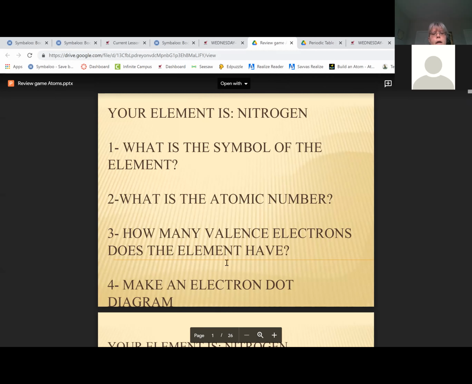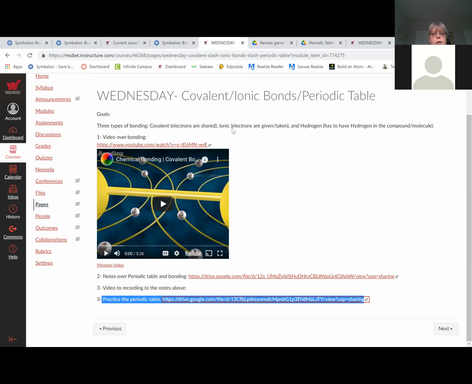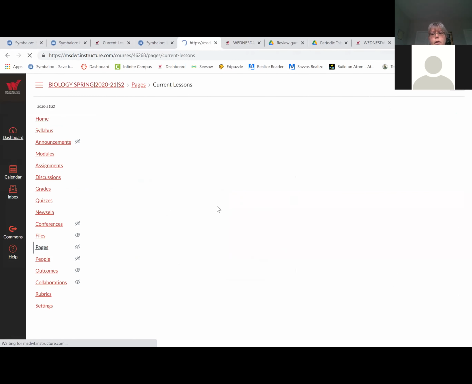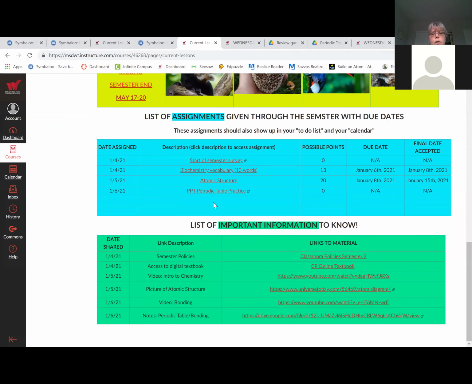Okay, if you look at the bottom where I gave you the assignment list, I'll show you. Can you still see my screen? If you go to the bottom of current lessons, right here are the assignments I've given. So here's the periodic table practice I gave. I'm not giving any points and I'm not making it due.